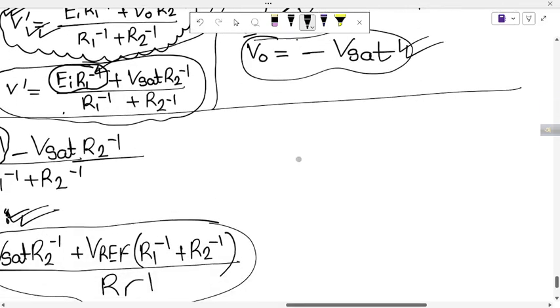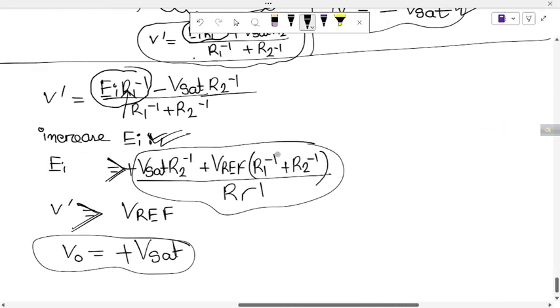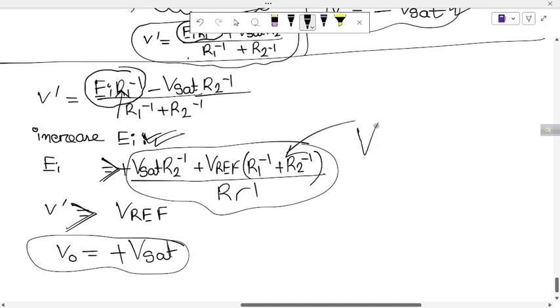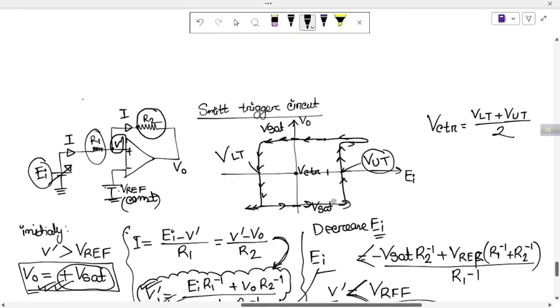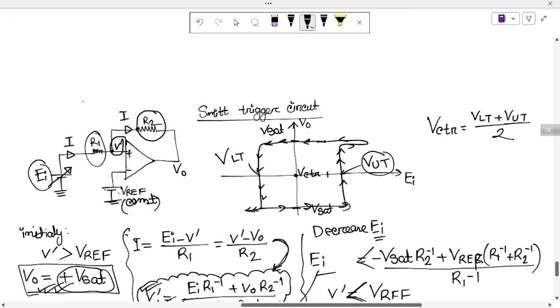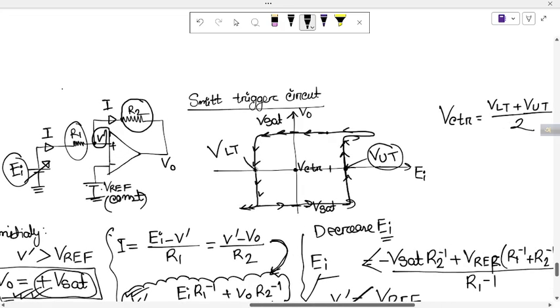The upper threshold voltage is the voltage at which the output goes from minus Vsat to plus Vsat, and the point where the output voltage goes from positive Vsat to negative Vsat is the lower threshold voltage.